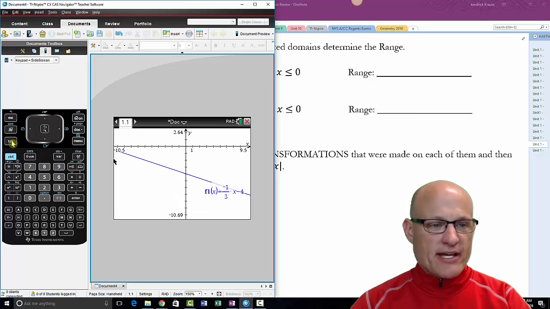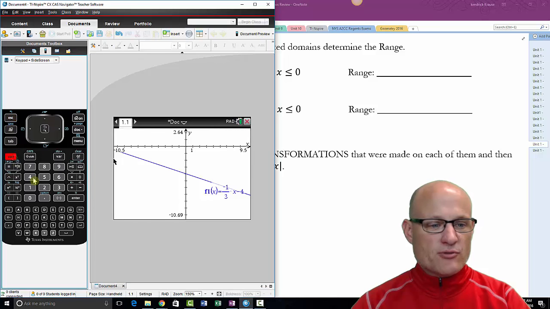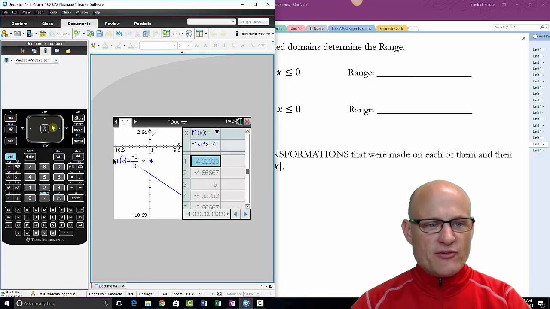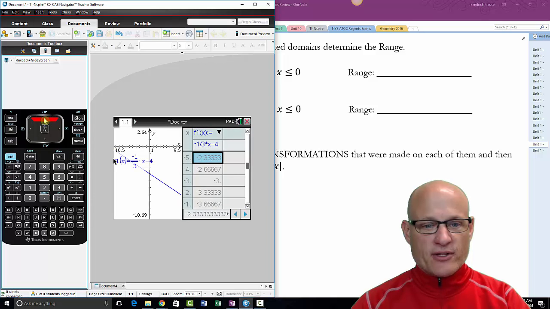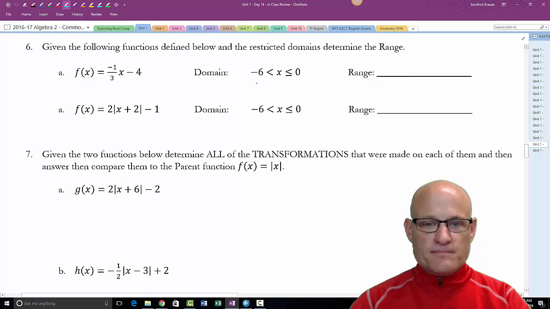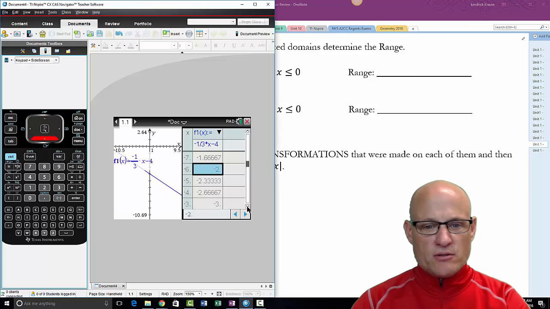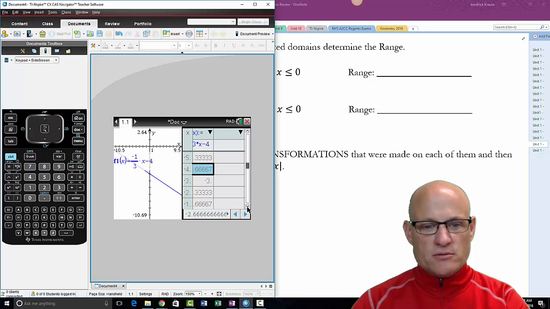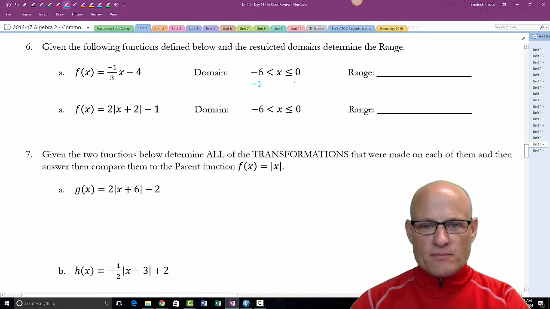So I'm going to go look at the table. Oops, escape. Control T. And I want to see what the value is at -6. At -6, it's -2. And at 0, it's -4.